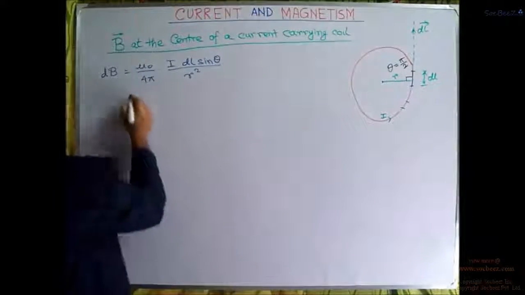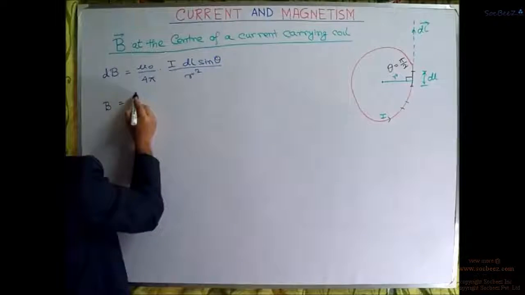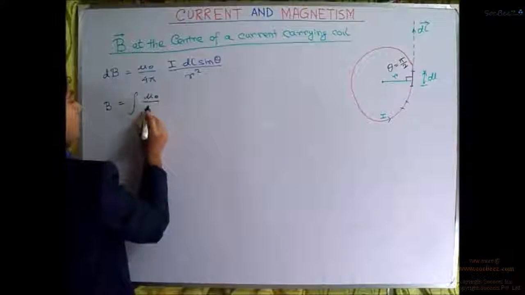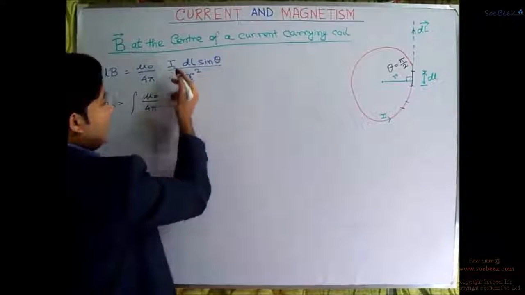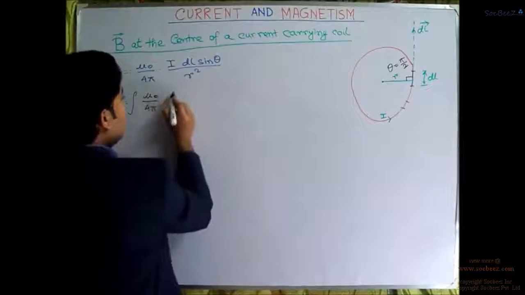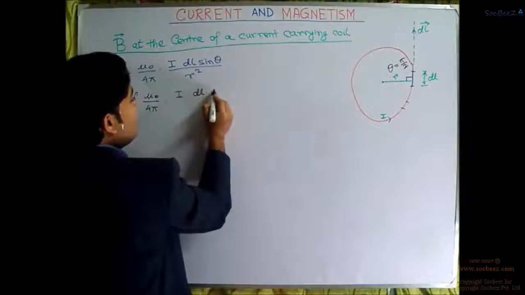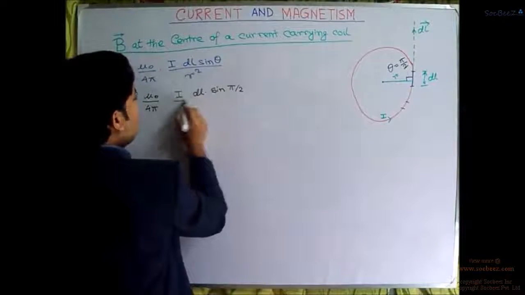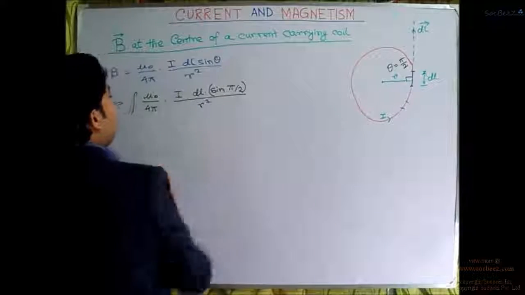So we can find out B is equal to integration of mu naught divided by 4 pi multiplied by I multiplied by dl sine of pi by 2 divided by r square.